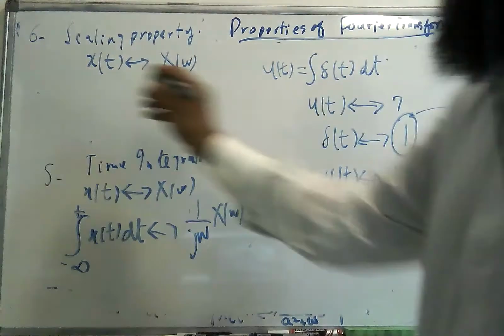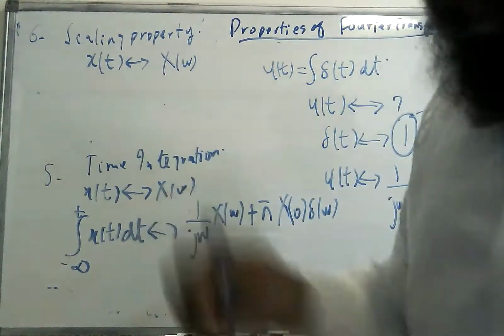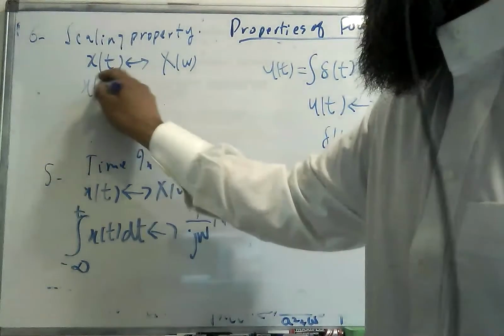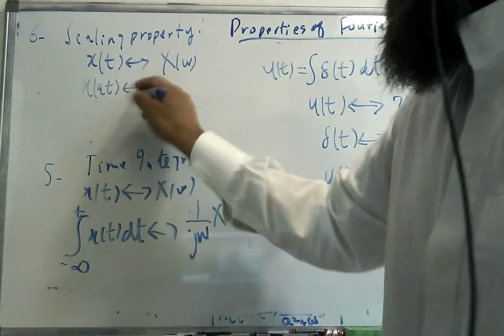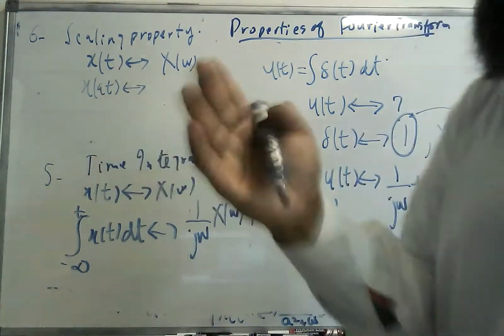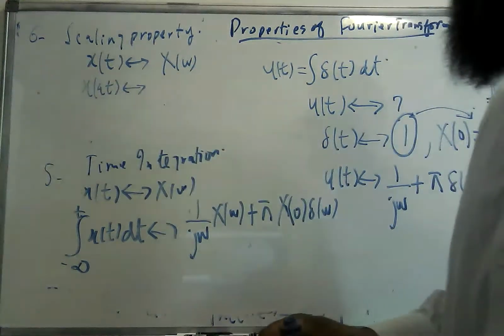then if we scale the function, so if we multiply the time axis by a, so if a is larger than 1, it means that we are actually compressing the function, right?